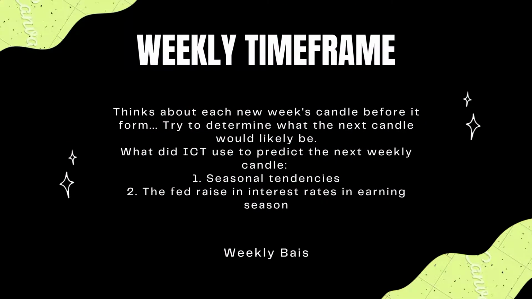We have the weekly time frame. On the weekly time frame, you have to have your weekly bias. That's where the market is most likely to draw to. ICT himself uses seasonal tendency and the Fed raising interest rates in earning seasons. The second one has to do with news. So it uses news and the seasonal tendency.